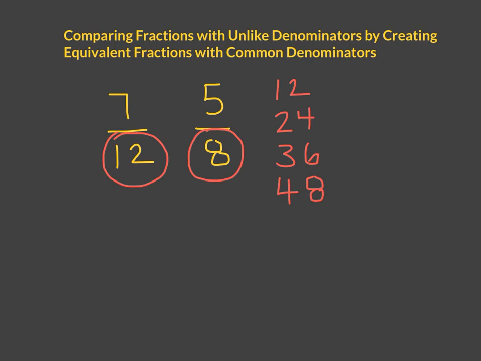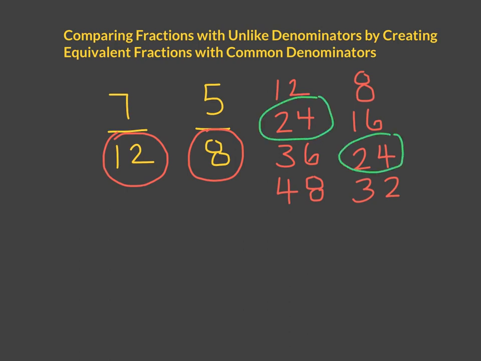The multiples of 8 would be 8, 16, 24, and 32. As we examine each list of multiples, the lowest number that appears on both lists is 24, which is our least common denominator.